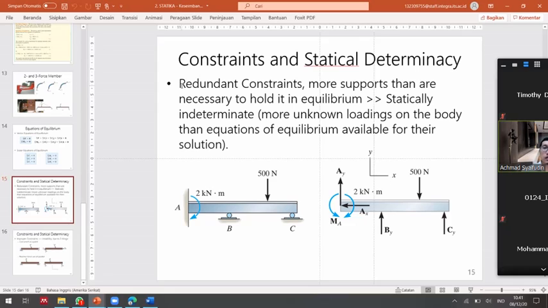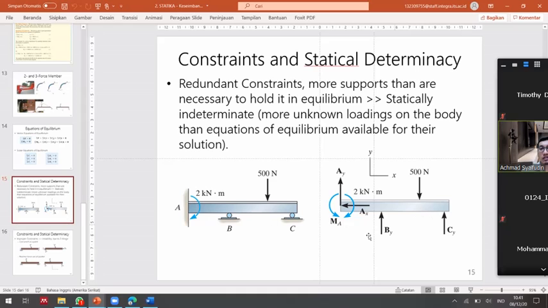The first cause is redundant constraint. You see in this case, this is an overhanging beam with two supports at points B and C, and at point A the support type is fixed support.